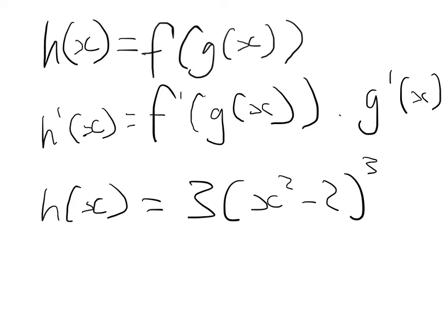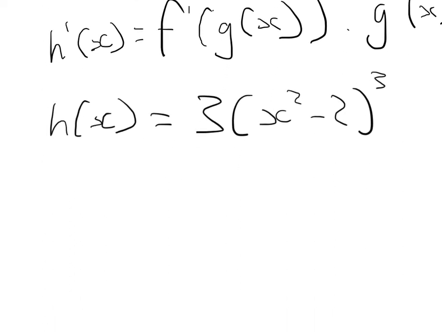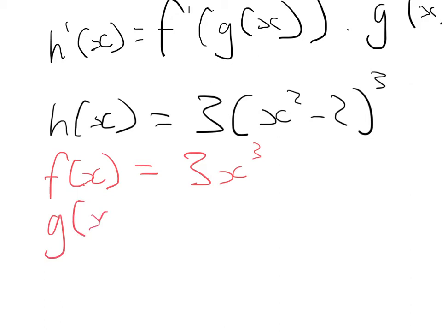What we're going to do here is a lot nicer and easier. All right, so what we're going to do first of all is figure out what the two parts of it are. So I'm going to define f of x as this, 3x cubed. And then I'm going to define g of x as x squared minus 2.